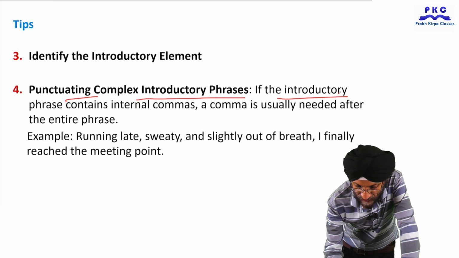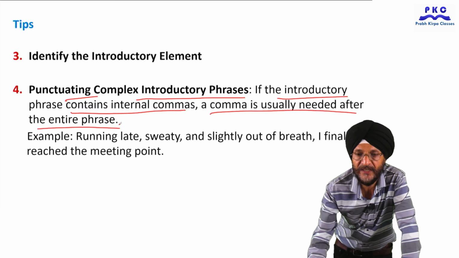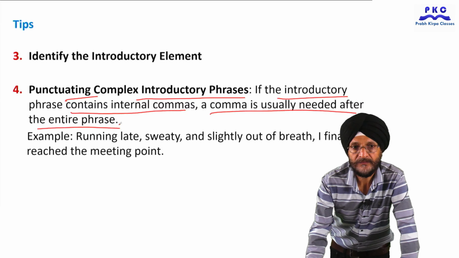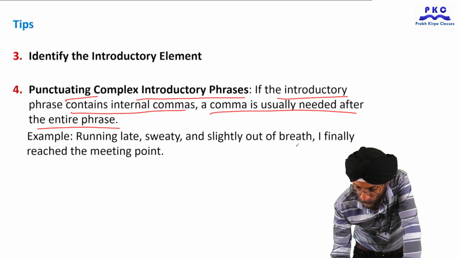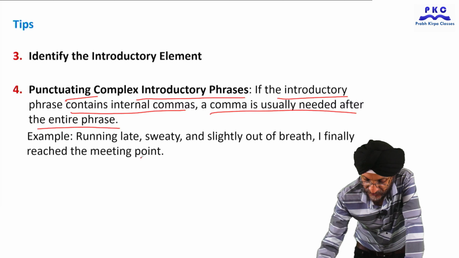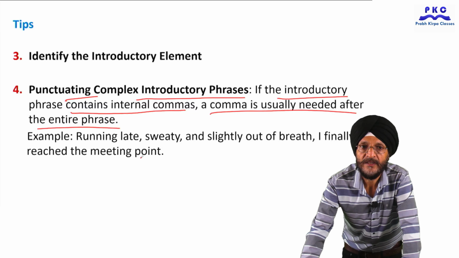Punctuating complex introductory phrases. If the introductory phrase contains internal commas, a comma is usually needed after the entire phrase. We read it: running late, sweaty, and slightly out of breath, I finally reached the meeting point. What does it convey?